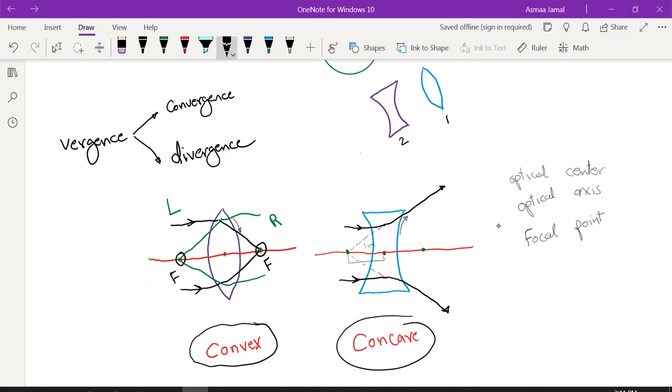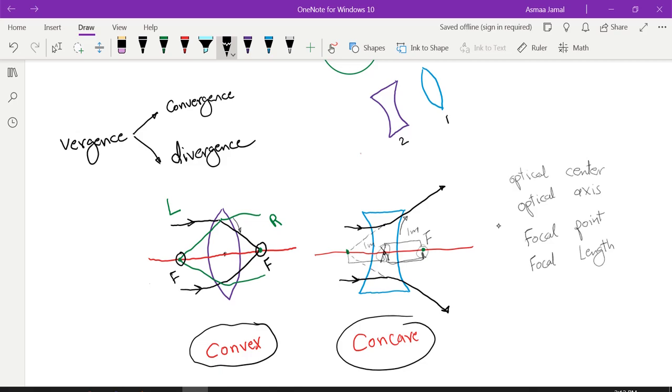That means the second one also will be 1 meter too. This distance of 1 meter, or whatever the distance between the focal point and the optical center is, we call the focal length. So the focal length is the distance between the focal point and the optical center.